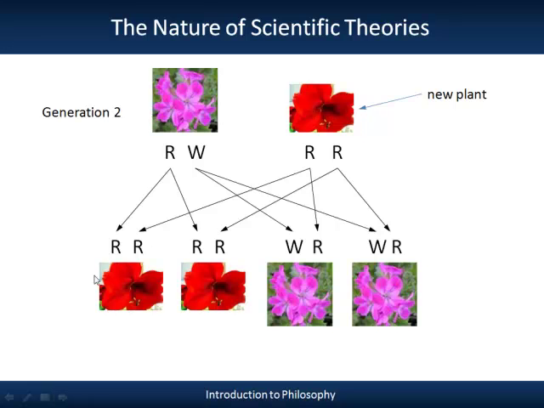Okay, so the experiment was done, and as it says on the top of page 132, or at least in the example, what was found was that some of the offspring did have red flowers, and some of them did have pink flowers, which is exactly what Mendel's theory predicted. Of course, just to keep in mind, this slide gives you Mendel's explanation.